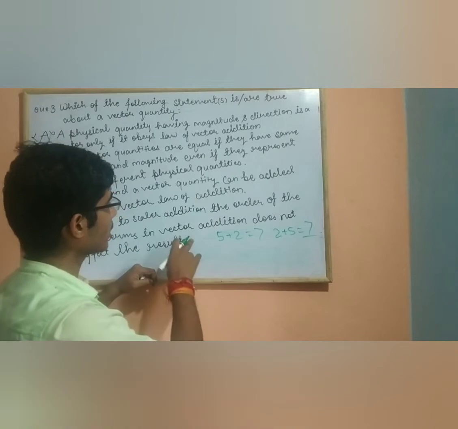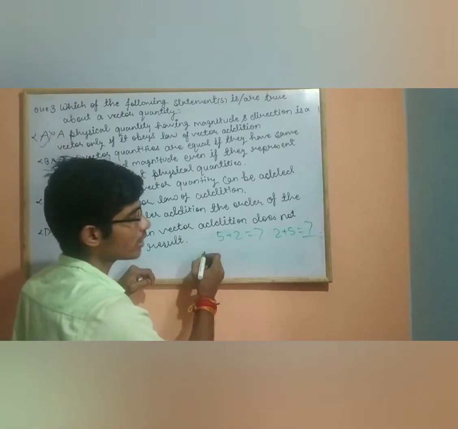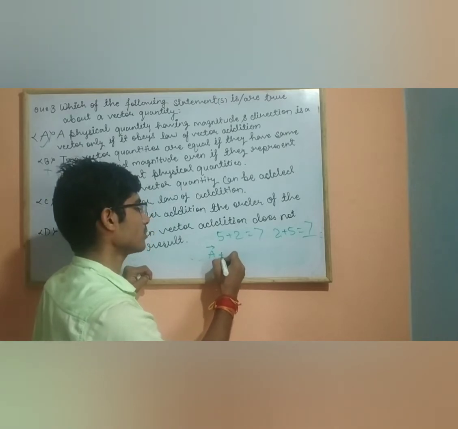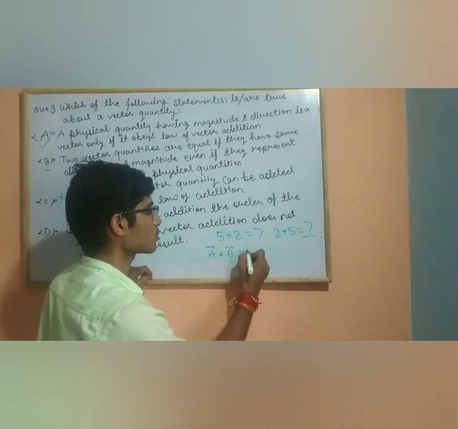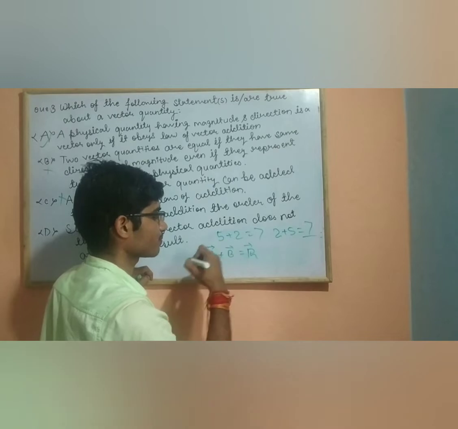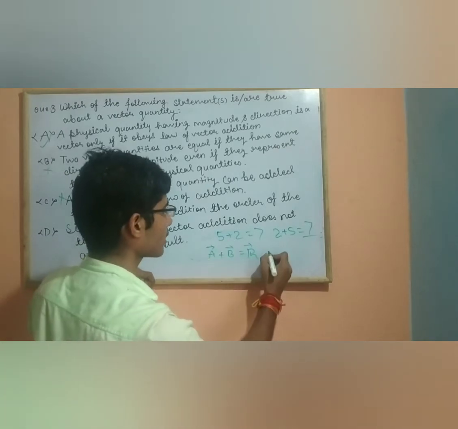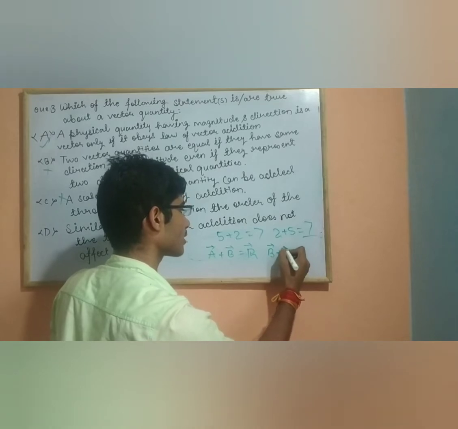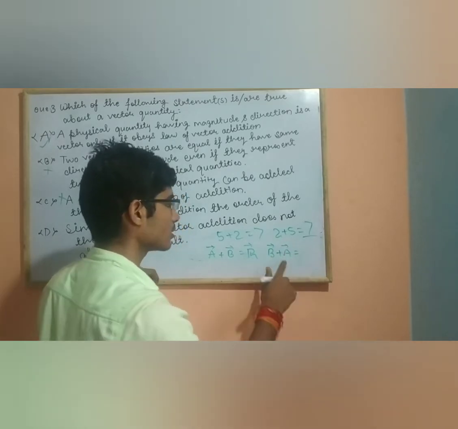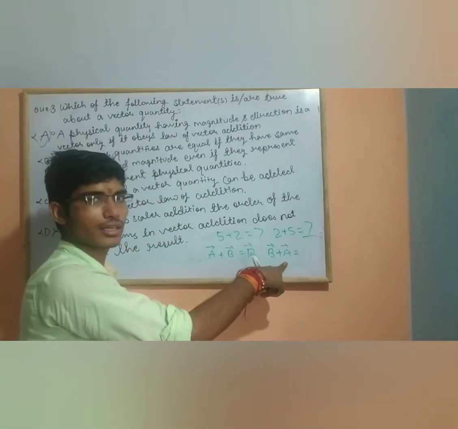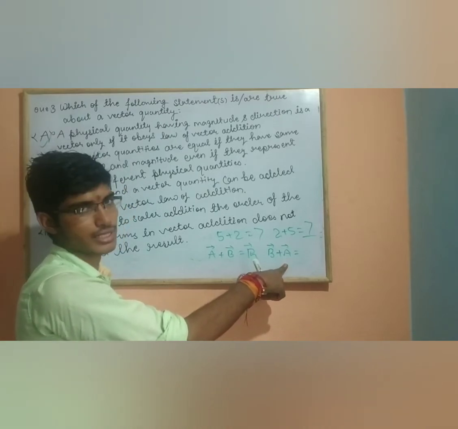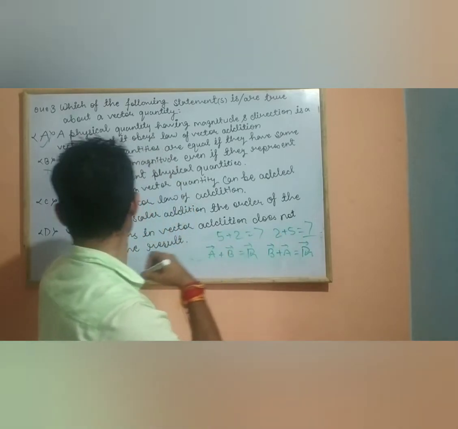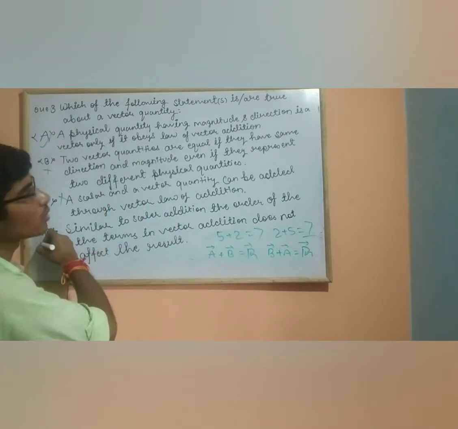So can this be possible in vector addition? Let's check. A vector plus B vector equals R vector. So if we change the order, that is B vector plus A vector, the result of this can be the same. Yes, this is true. So option D is true.